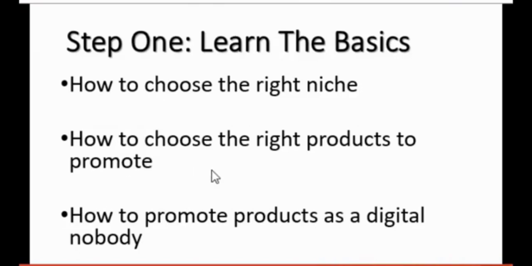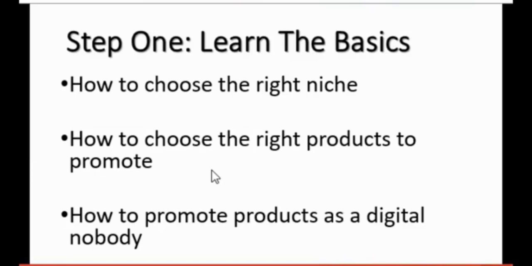They don't consider how to actually choose the right products to promote, and they don't go through the process of learning how to promote products as a digital nobody. They just skip straight to going out and doing things like spamming links and expecting something for nothing, basically.